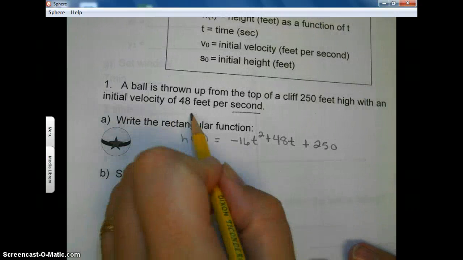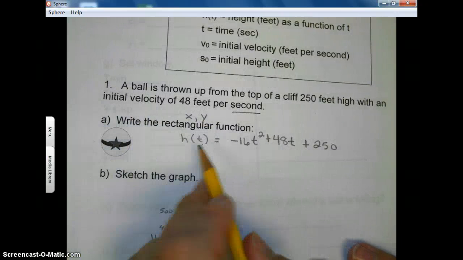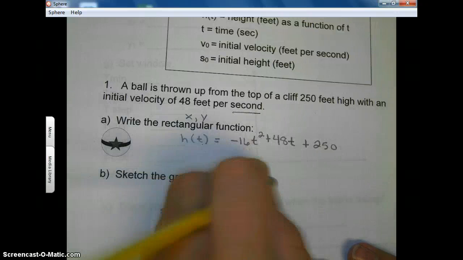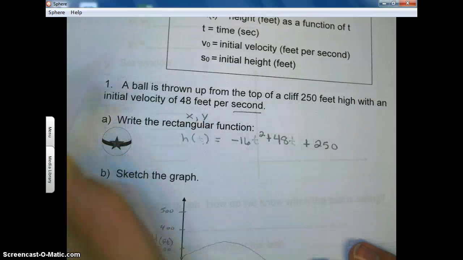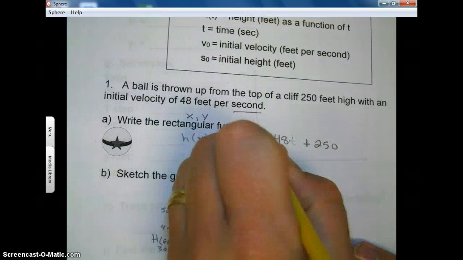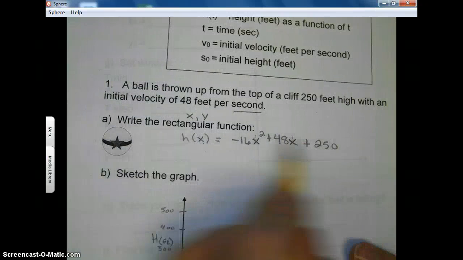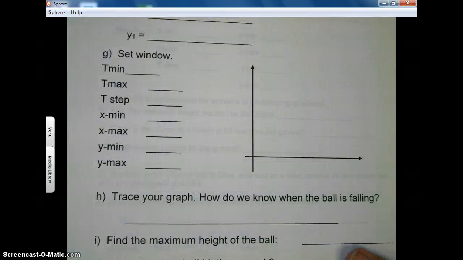Yes, rectangular is in terms of x and y, and I did this one in terms of y and t. So I made a mistake. We need to change our t's to x's. So we're going to take this and make it into parametric.